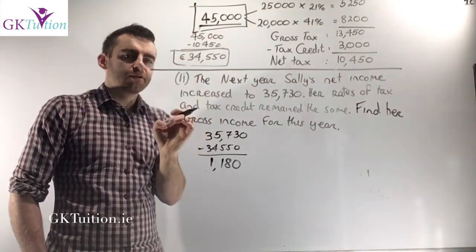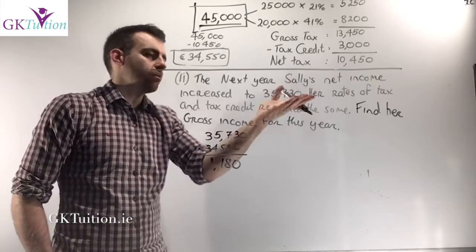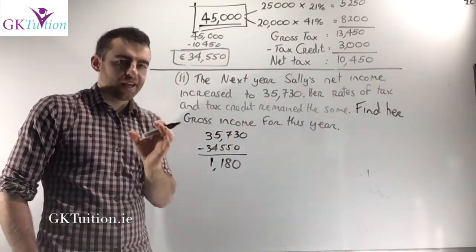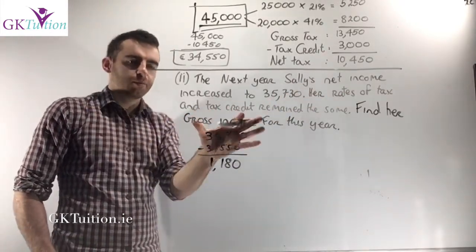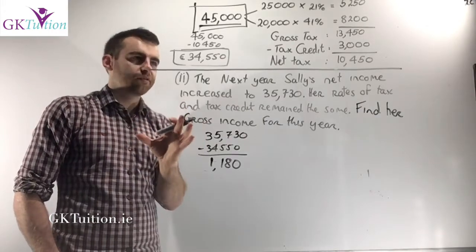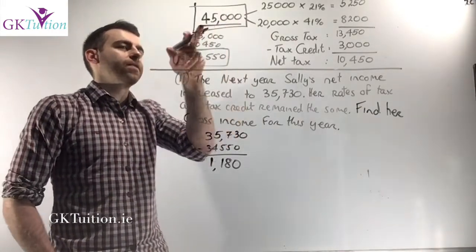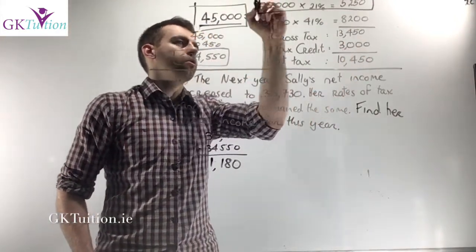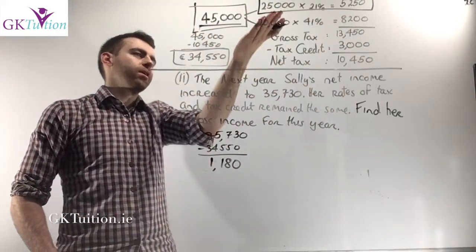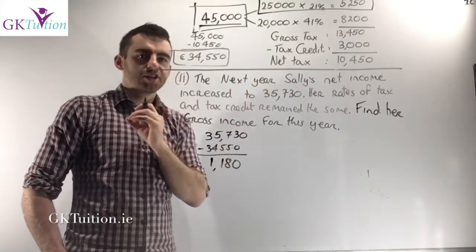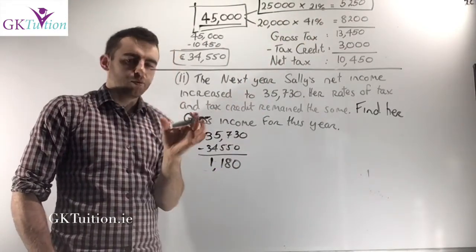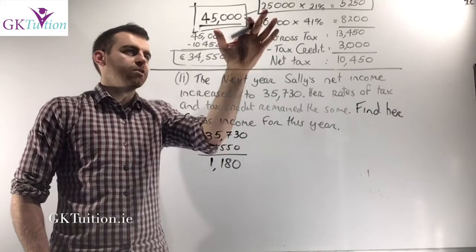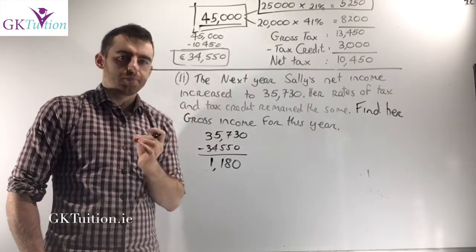The standard rate cutoff point is 25,000. We're told that her rates of tax remain the same, so the standard rate cutoff point this year would still be 25,000. So if this number was bigger, nothing would have changed in this line. This line would still be 25,000 by 21%. She's still going to be paying 21% tax on the first €25,000 that she earned.